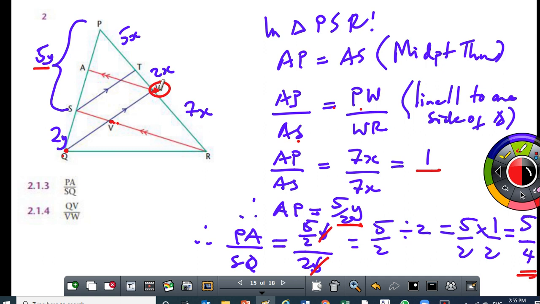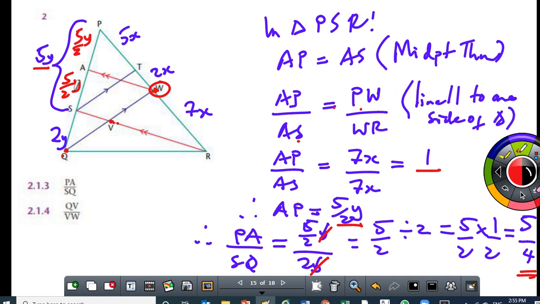I know the length of PA is 5 over 2y. I know the length of AS is also 5 over 2y. Are you following that? Before I carry on, are you following what I just wrote?